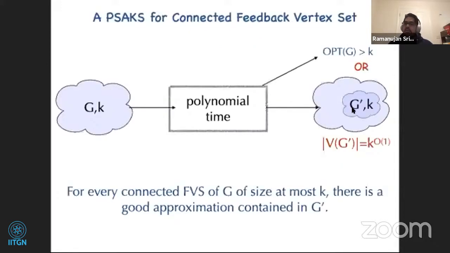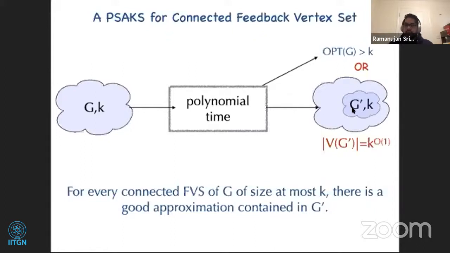So at a high level, we are going to do something very similar to what we saw yesterday. Given this graph G and K, we are going to come up with a polynomial time subroutine that either correctly concludes that there is no connected feedback vertex set of size at most K for the input graph, or it computes a small subgraph, G prime, whose size is bounded polynomially in K, and then argue that it's sufficient for us to zoom in onto G prime, or rather focus our attention on G prime.